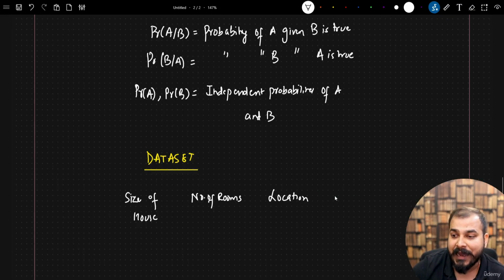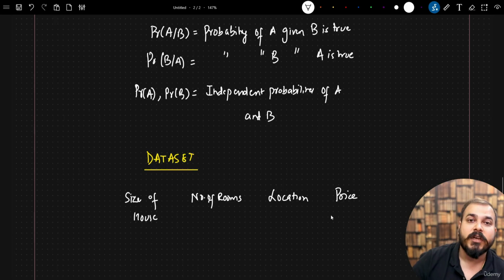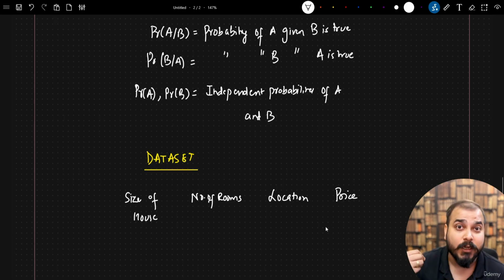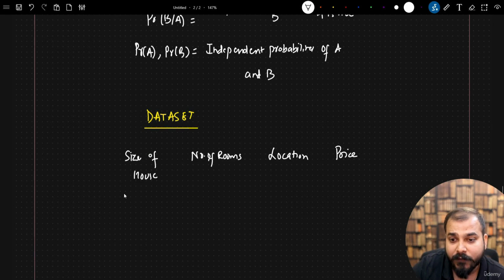I have these three features and one more feature, which is called price. Can I use these three features to predict the price? Yes, we can do it with the help of machine learning algorithms. Let me give a generic notation: this is my x1, this is my x2, this is my x3, and this is my y.